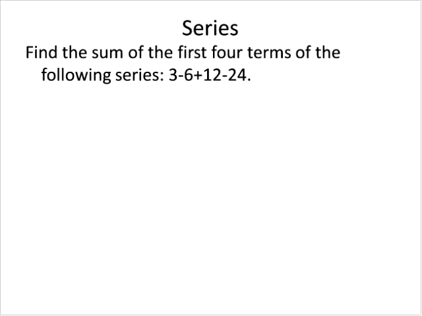Let's say I'm going to add up the first 4 terms of the following series. So it's 3 minus 6 plus 12 minus 24. Let's see. I know what the first term is, A sub 1 is a 3. But now let's look at a common difference, so our common ratio.